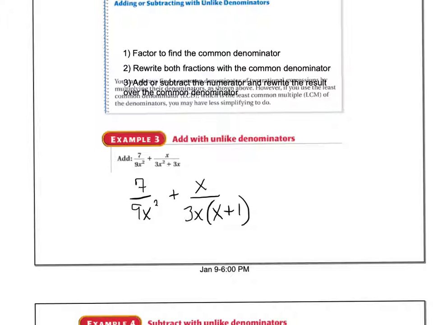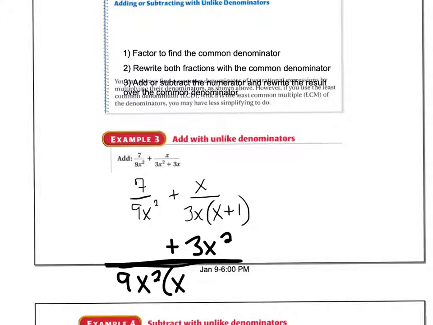Over on the right side, I need to multiply this 3x times another x. That's just 3x squared. You can write this all over the common denominator, which is 9x squared times x plus 1.